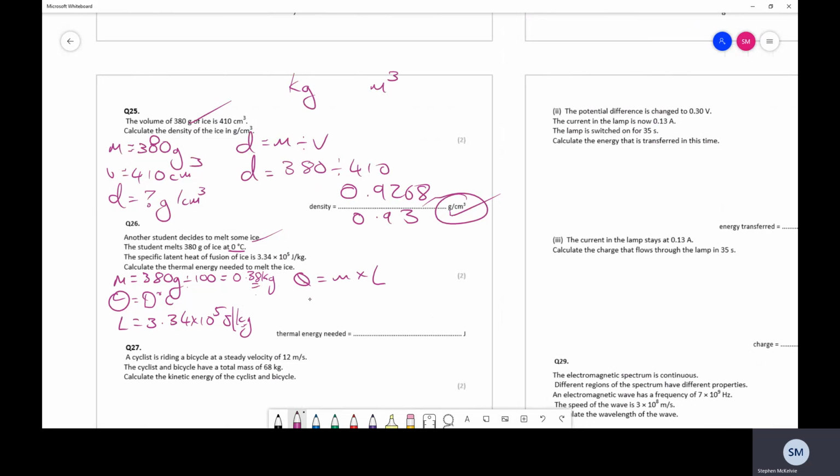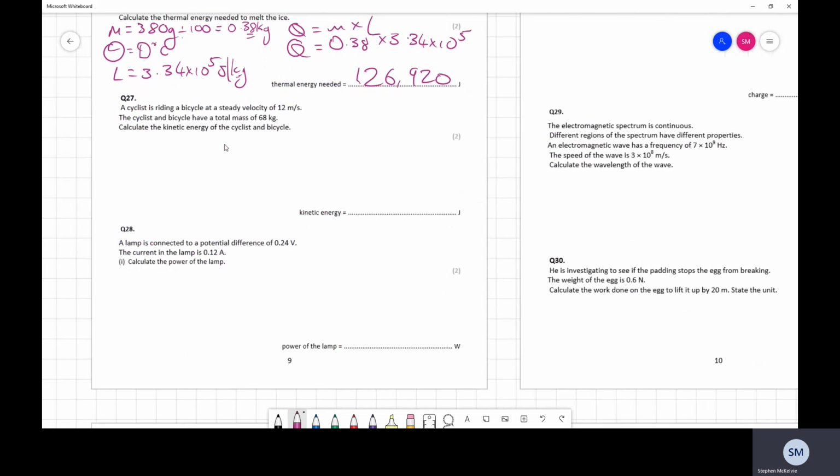So just write down Q is equal to 0.38 times 3.34 times 10 to the 5. This is 0.38 times 3.34 times 10 to the power of 5. 126,920 joules.